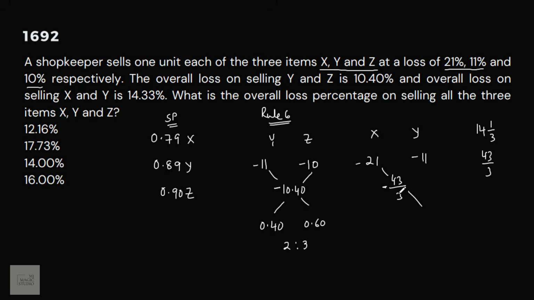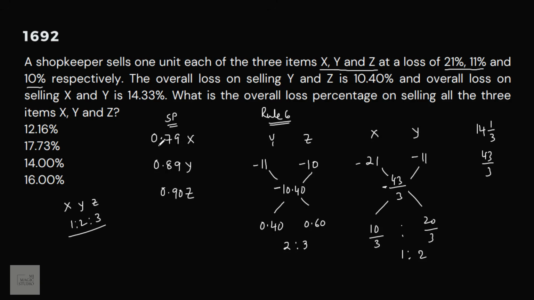So the distance here is 63 minus 43, that would be 20 by 3, and distance here would be 43 minus 33, that would be 10 by 3. So here the ratio would be 1:2. So ratio of X and Y is 1:2 and Y and Z is 2:3. That means ratio of cost price is 1:2:3.